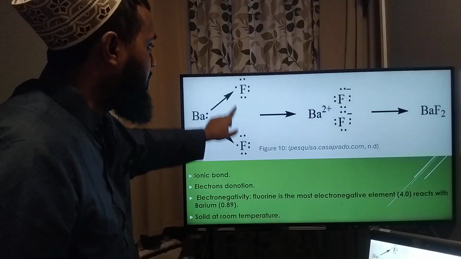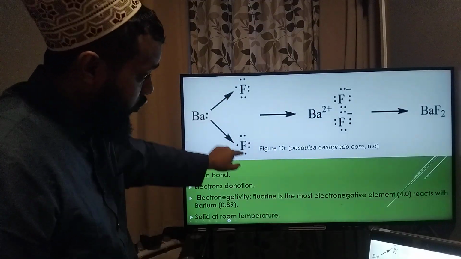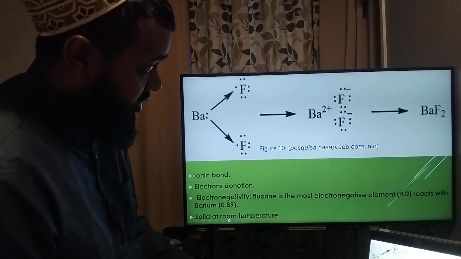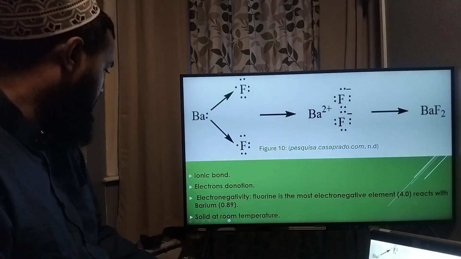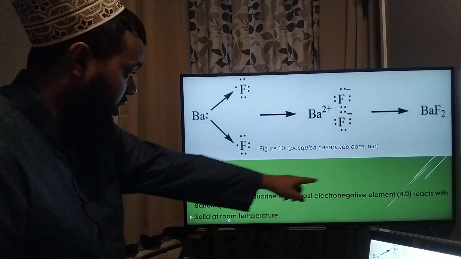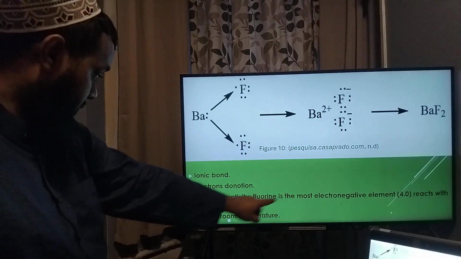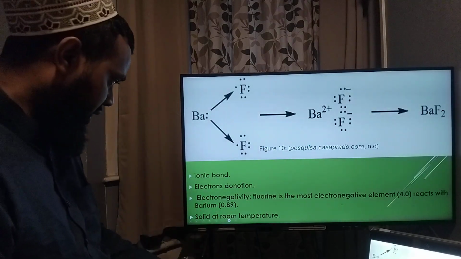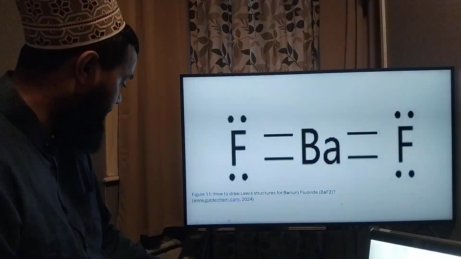The metal loses two electrons to two fluorine atoms, giving us barium fluoride, BaF2, and it's very strong. The difference between fluorine and barium is 0.89, and it's solid at room temperature.